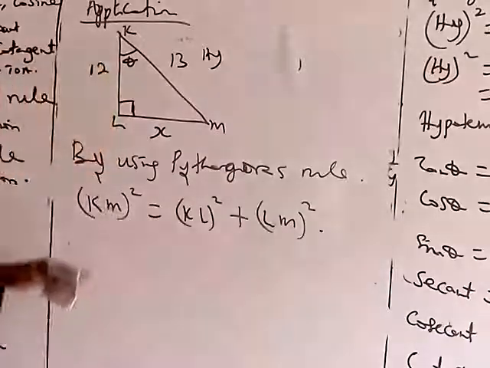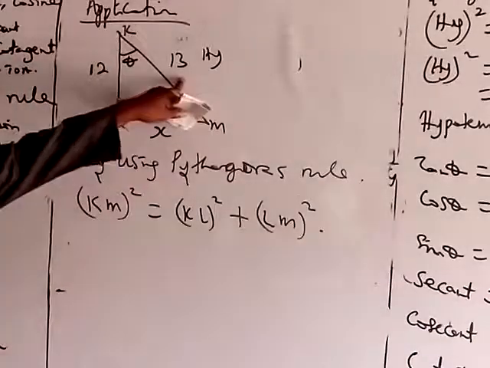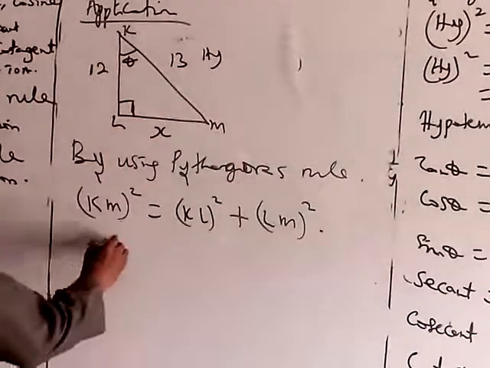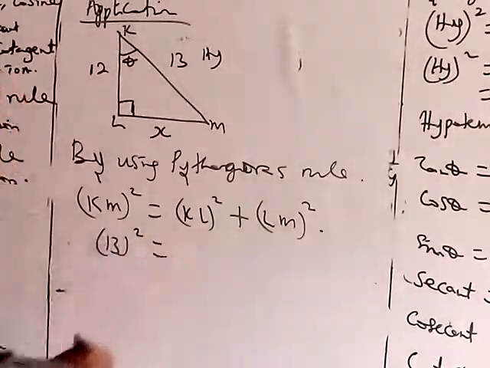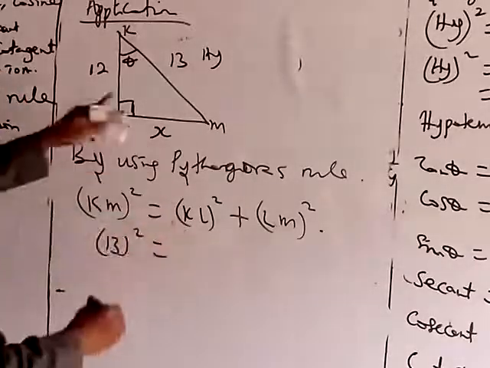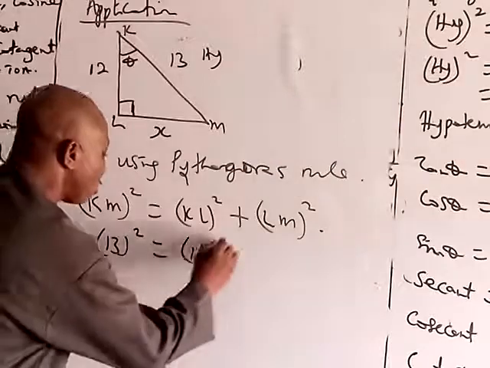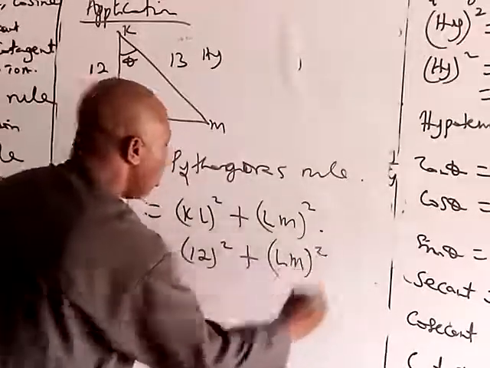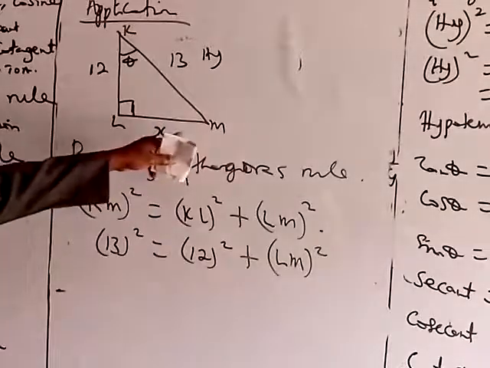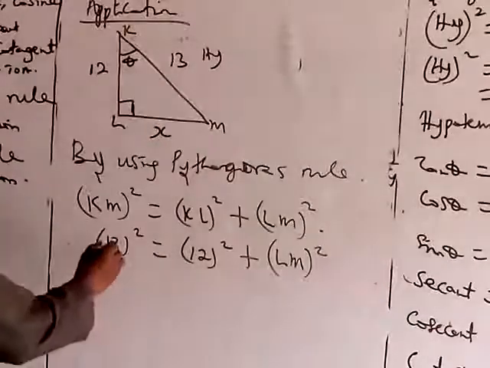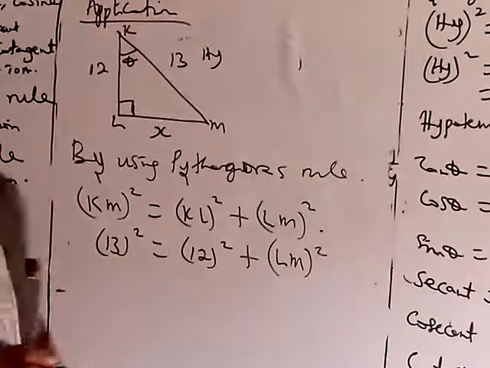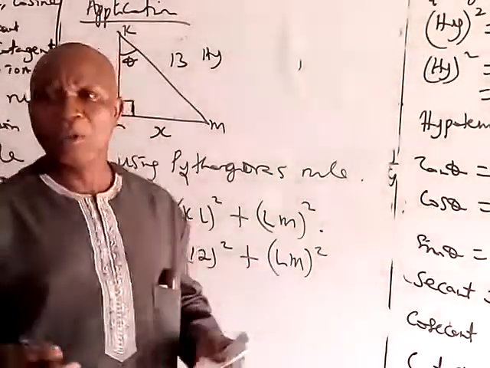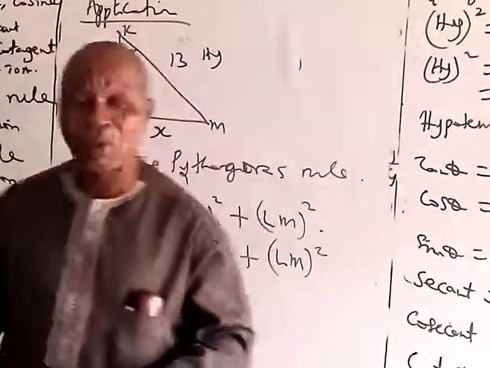And we know our KM is 13, so 13 raised to power 2, and our KL is 12, 12 raised to power 2 plus LN. But our LN is represented by x. Then 13 raised to power 2. What is it by using your calculator?